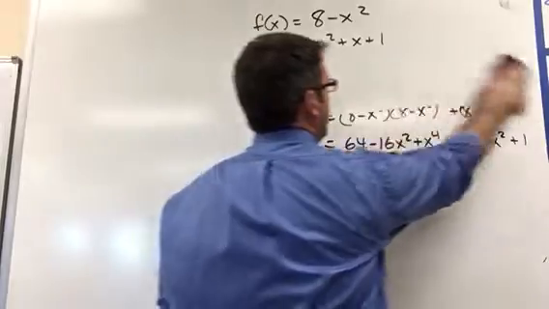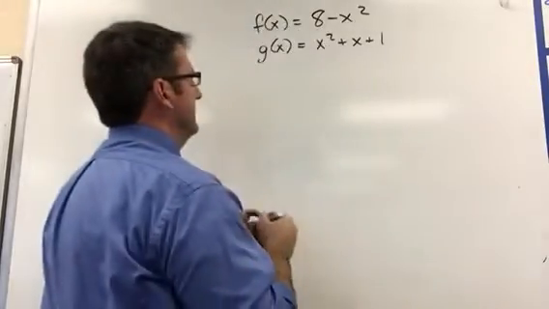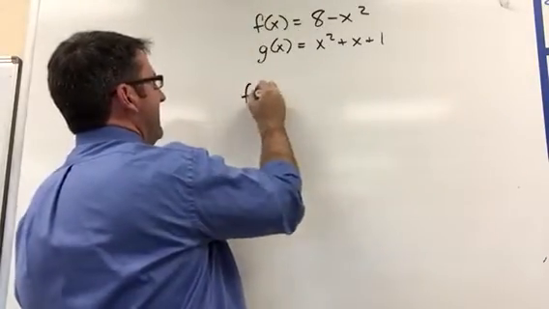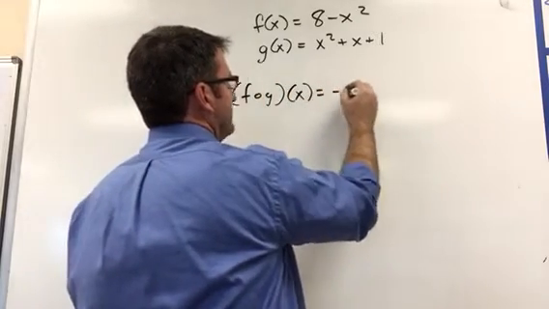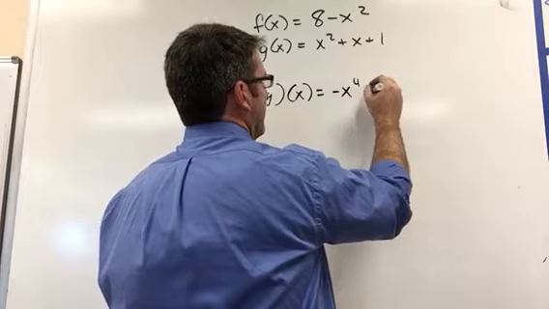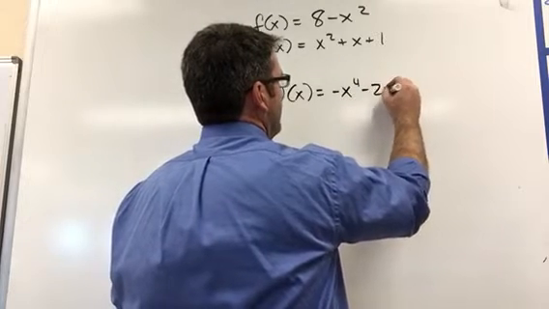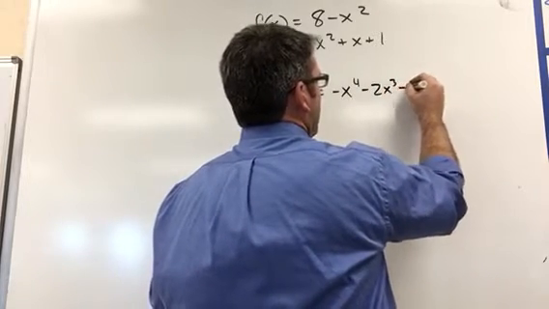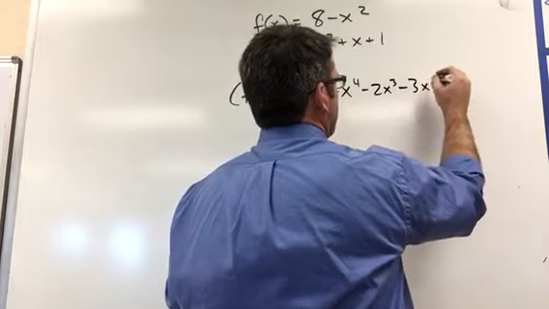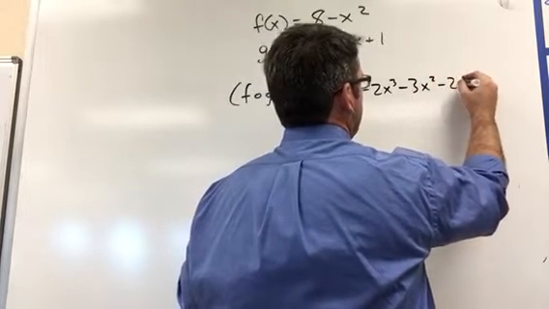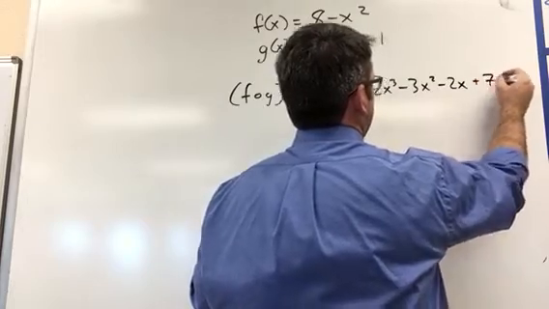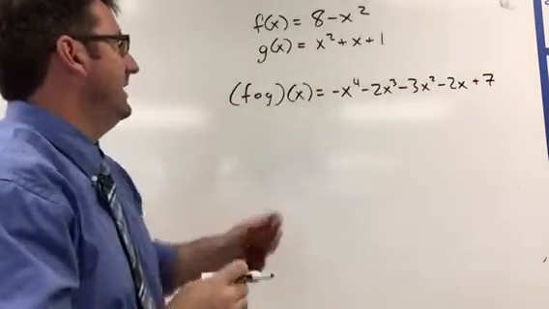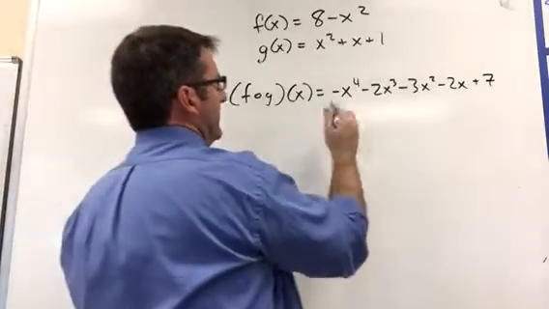Or, like I said, we already found f of g of x. That was negative x to the 4th minus 2x to the 3rd minus 3x squared minus 2x plus 7. And we can plug in 6 there.